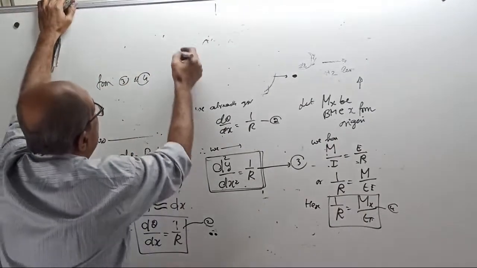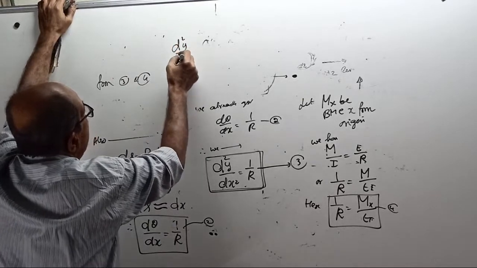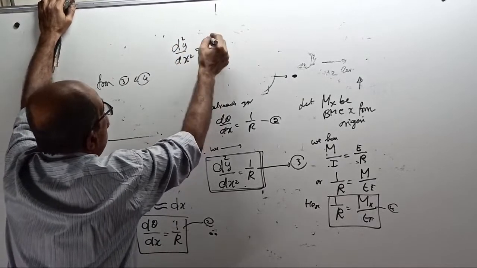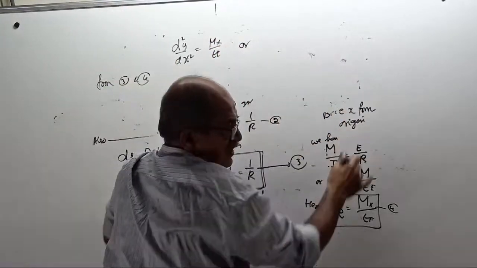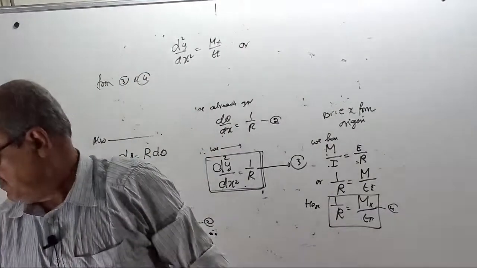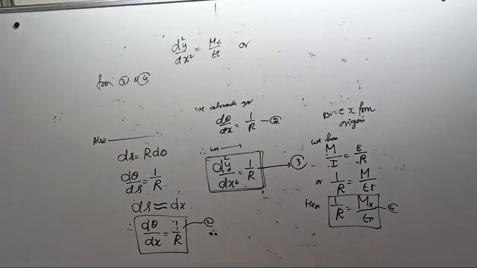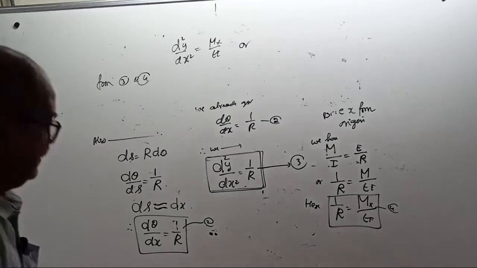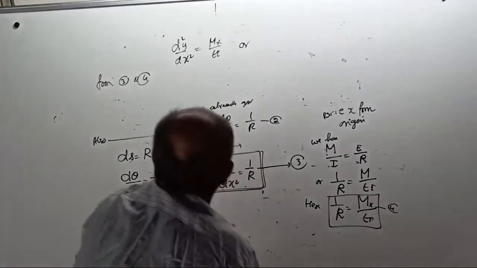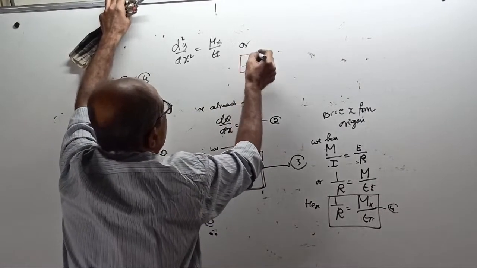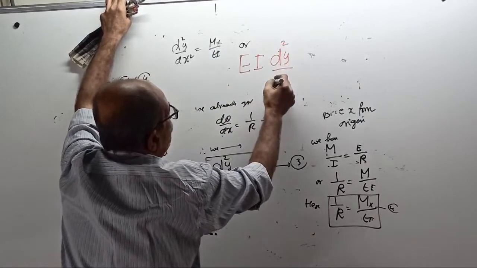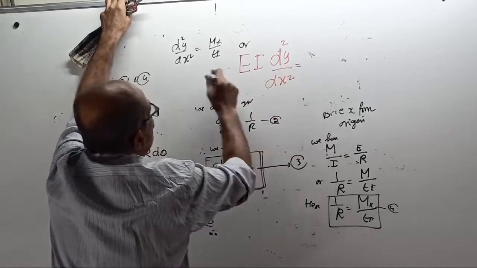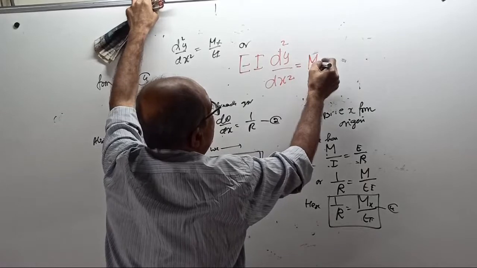you can tell d square y by dx square equals Mx divided by EI, or cross multiply: EI d square y by dx square equals the bending moment M at x.